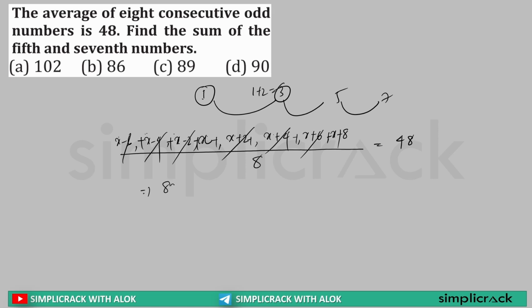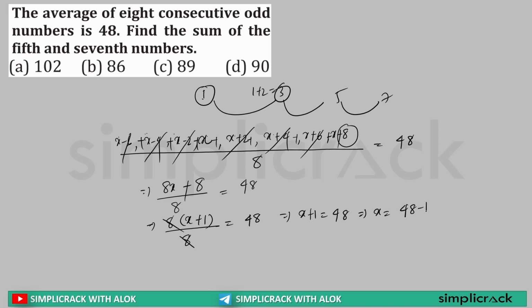So 8x plus 8 is remaining, divided by 8 is equal to what, sir? 48. Now, sir, if I take 8 in common, it is 8 times x plus 1, divided by 8, which is equal to 48. Sir, 8 cross out. So x plus 1 is equal to 48. Sir, x is equal to 48 minus 1, that is equal to 47.